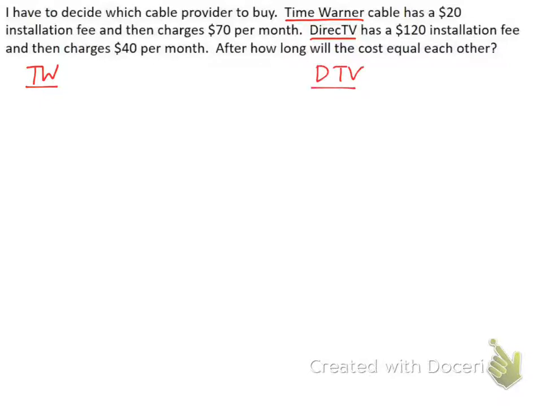And so Time Warner, $20 installation fee, then $70 per month. So the $20 installation fee is the upfront fee, and then the $70 per month is 70 times M is equal to the cost. DirecTV, $120 installation fee, and then $40 per month, and that'll equal the cost.